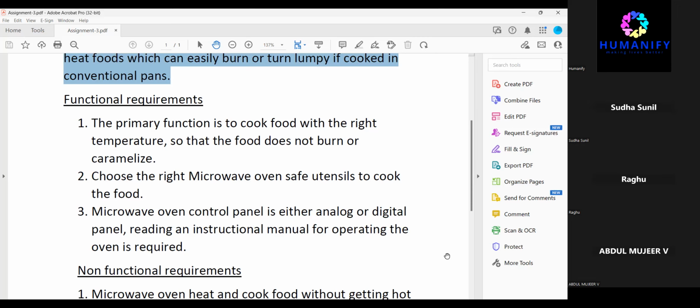If we choose a plastic one, it might burn. I mean, it's not the oven thing. But is it a functionality of the oven? It's not the functionality of the microwave oven. It's completely associated with a different thing, the utensils.